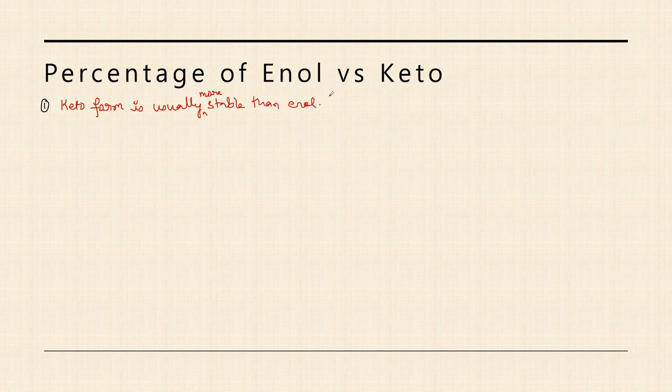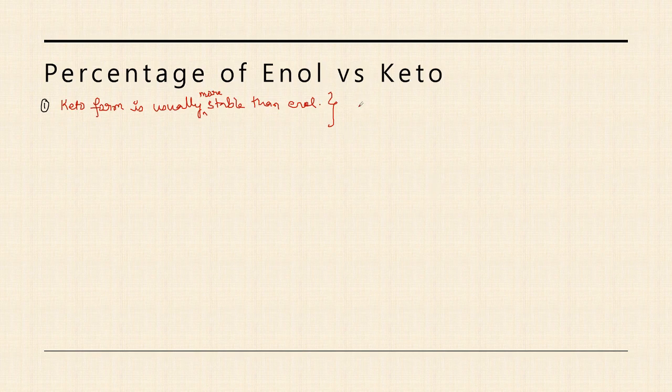Okay, ऐसा क्यों है? What is the reason for this? The reason is that if you take into consideration the bonds which are present in keto and which are being converted to enol, और इनकी bond energies अगर आप observe करते हैं, then you will find that the bond energy of all the bonds in keto is more than the bond energy of all the bonds in enol.